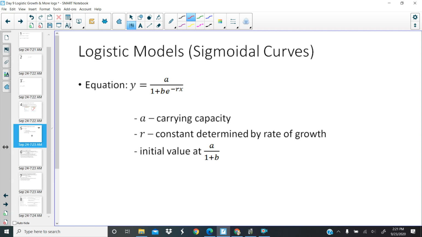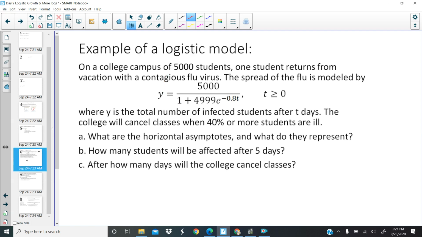You're always going to be given that R value and the B value that's right here as well. The B value is just based on what the initial value was. So typically you're going to be given the equation and then you're going to have to answer questions about it. So that's what we're going to do now.